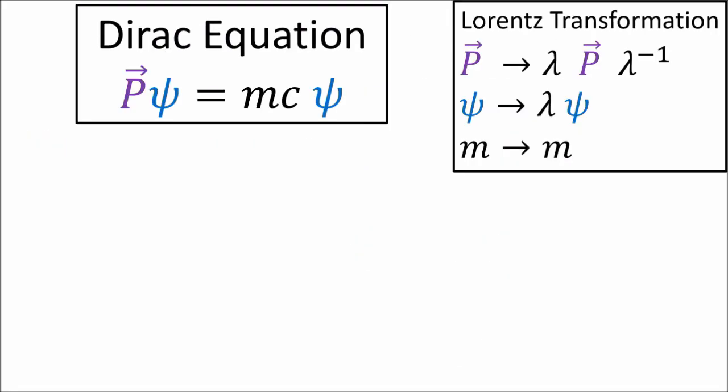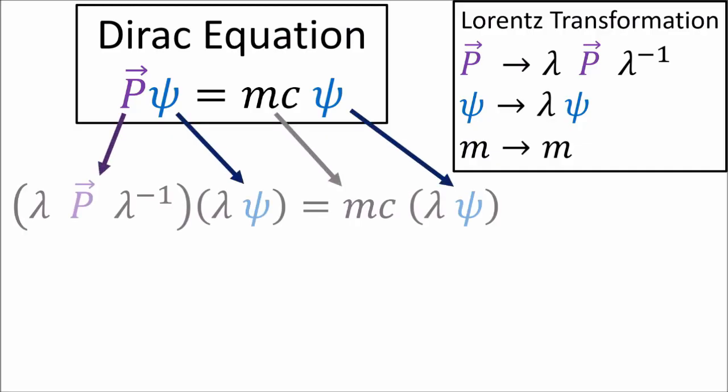Knowing all this, it's easy to show that the Dirac equation is invariant under a Lorentz transformation. To prove this, all we do is Lorentz transform the Dirac equation and show that it does not change. We Lorentz transform the vector p with lambda and lambda inverse on either side.